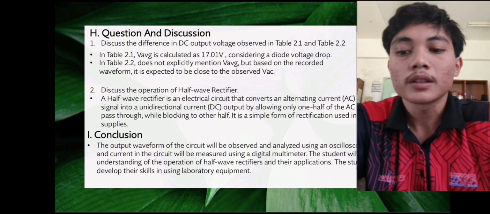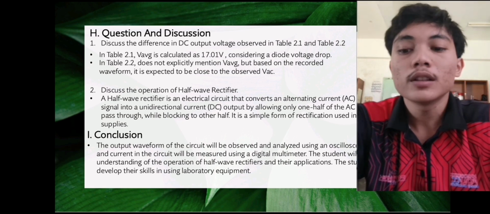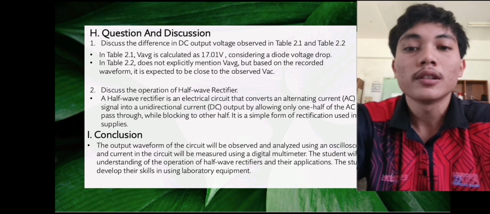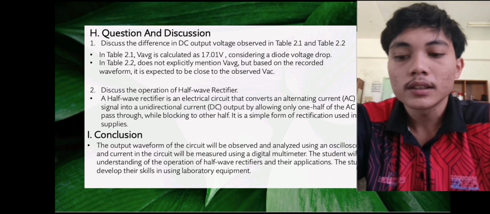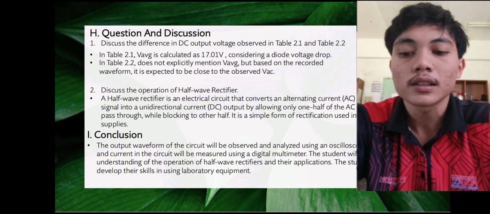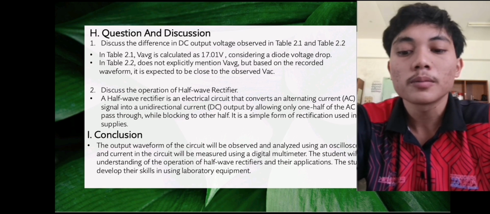The operation of a half-wave rectifier converts alternating current AC to direct current DC by allowing only half of the AC cycle to pass while blocking the other half. It is used in power supplies as a simple rectification method.